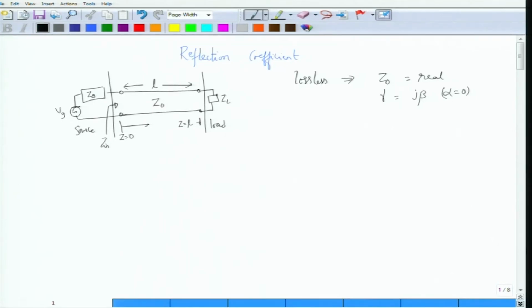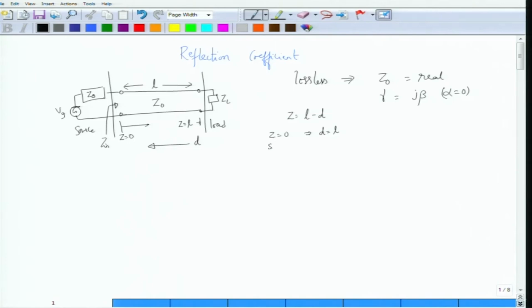So to specify such situations, it is common to consider the distances from the load by defining a variable d. How is it related to z? z is L minus d, okay. So what happens to z equal to 0? This implies d is equal to L, that is, you are L units away from the load. So the d axis goes in the opposite direction to that of z.